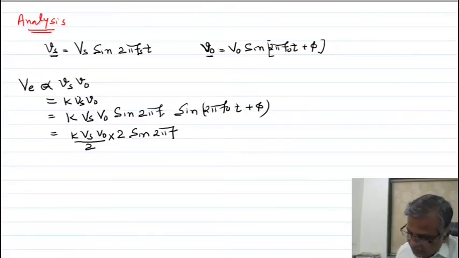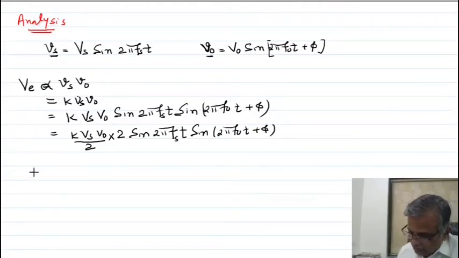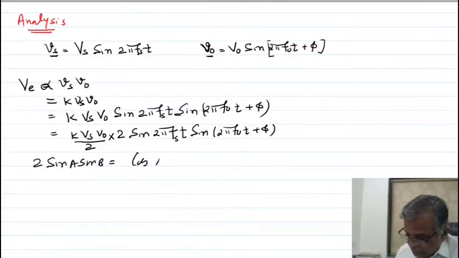You already know that 2 sine A sine B is equal to cos(A minus B) minus cos(A plus B).